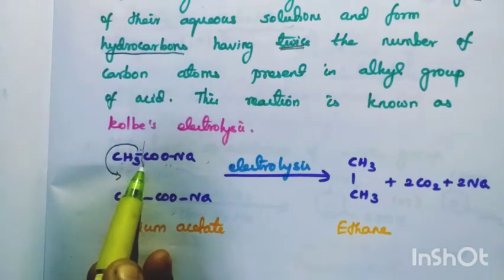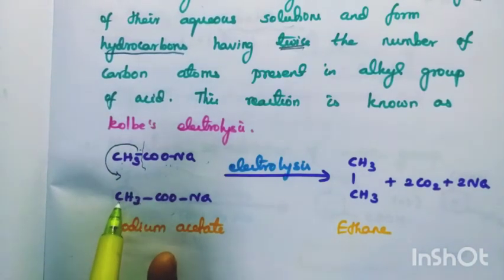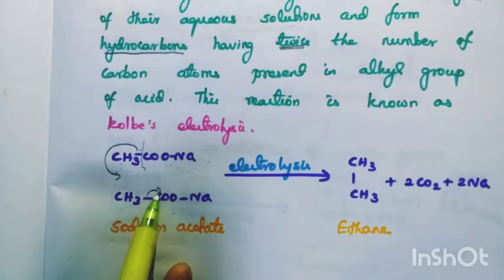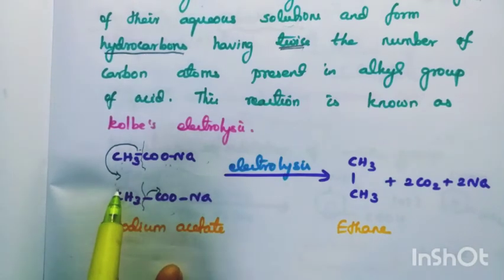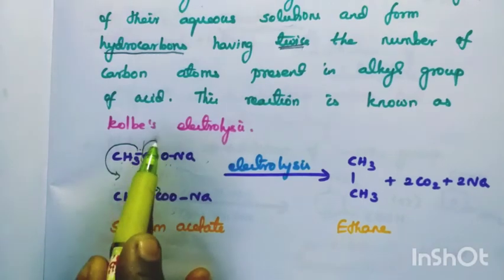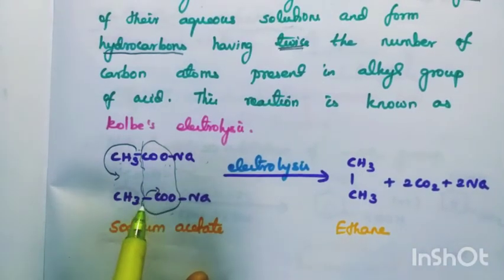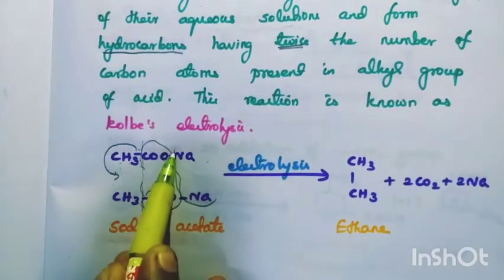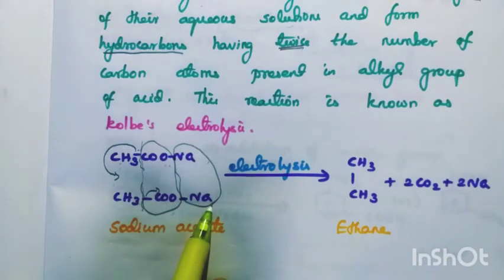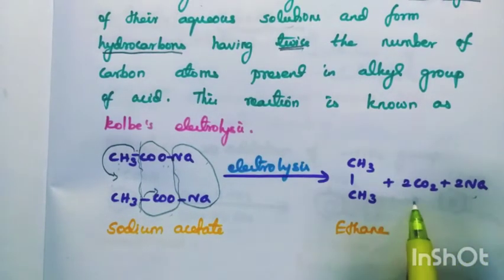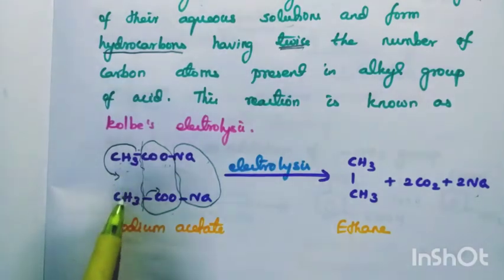This carbon wants to form a new bond, that means it has one loose bond. A new bond exists between CH3 and CH3. These two go out as carbon dioxide and these two go out as Na: 2Na, 2CO2, CH3-CH3.